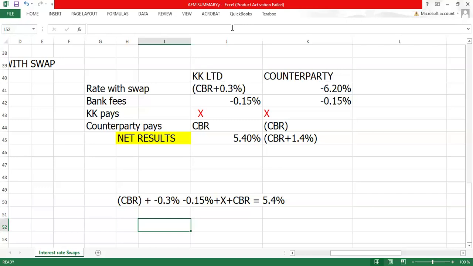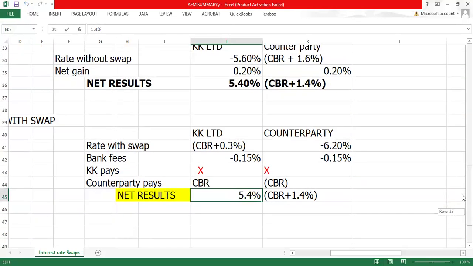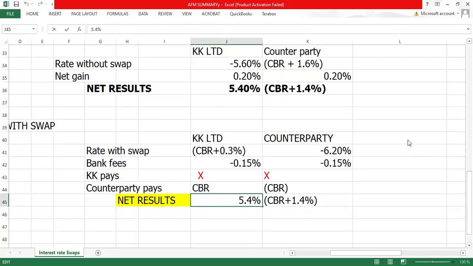Is it not supposed to be a negative, the 5.4%? Yes, it's a negative. Because when you get negative 5.6 plus 0.2, you get negative this.